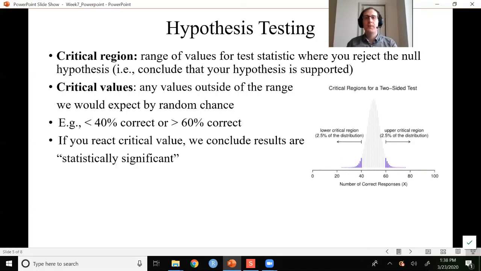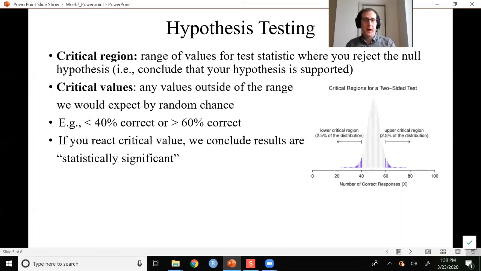So there's a phrase you might have heard many times before: statistically significant. Basically, what that means is that if you reach the critical value here, less than 40 or greater than 60, we conclude that the results are statistically significant.